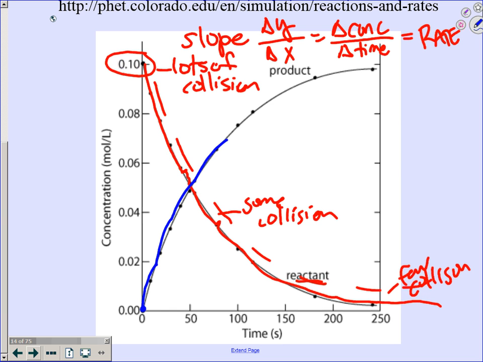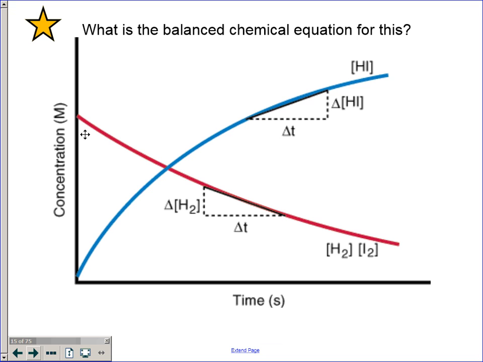But as the reactants slow down in their reaction, what's happening to products? Slowing down in how much they're produced, or how fast they're produced. So this mimics the same thing that's happening here. Okay, this correlates. Do you see the correlation? Yes? Okay, what is slope representing one more time? Rate, because it's concentration over time. Good. So we'll look at these graphs a little bit more in depth later.